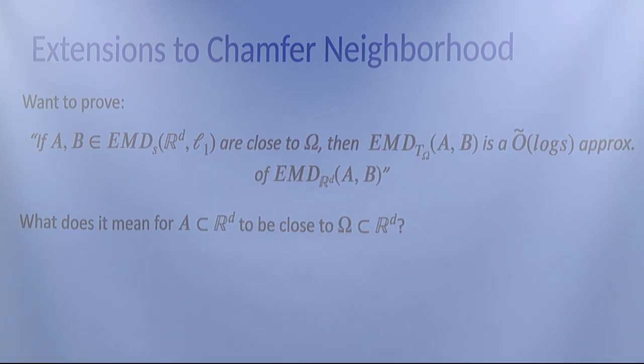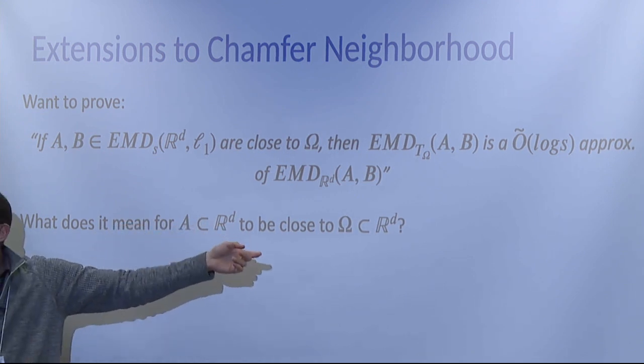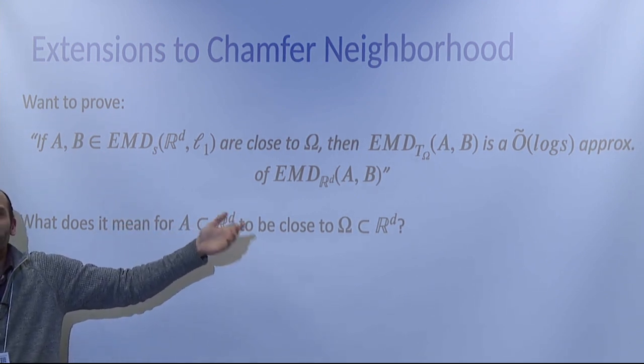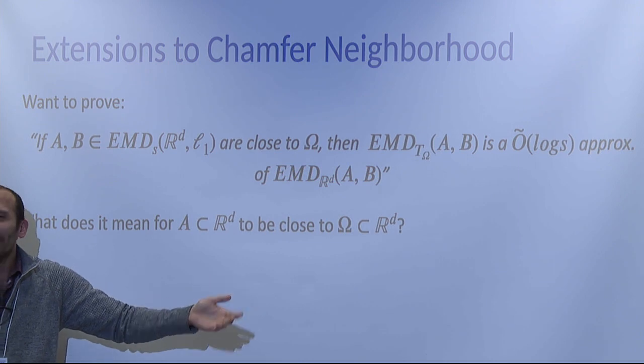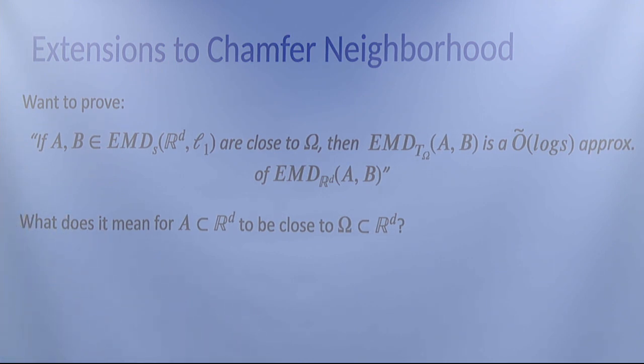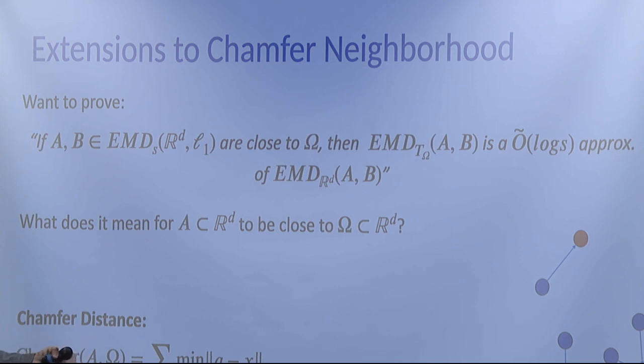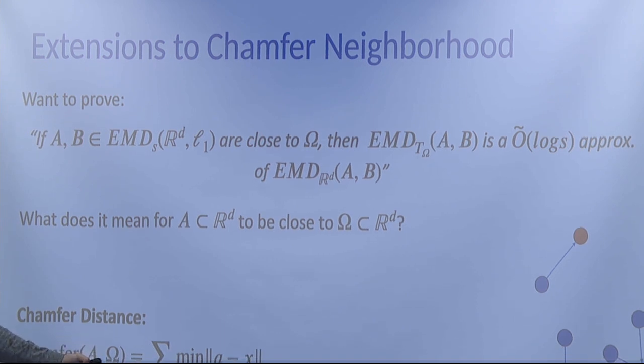And the key question here is, well, what does it mean for a point set A to be close to omega? Now, the natural choice would be to use EMD, right? But EMD is, again, somewhat hard to reason about. So we're going to use a relaxation of EMD, known as the chamfer distance. So it's another measure that measures how close a subset of vectors A is to another subset omega.